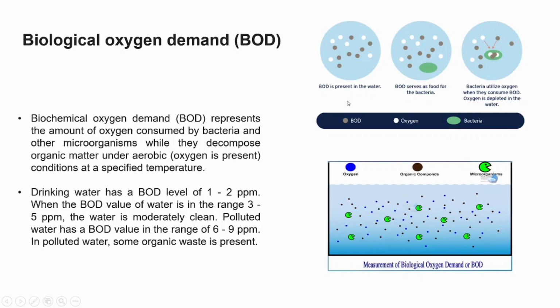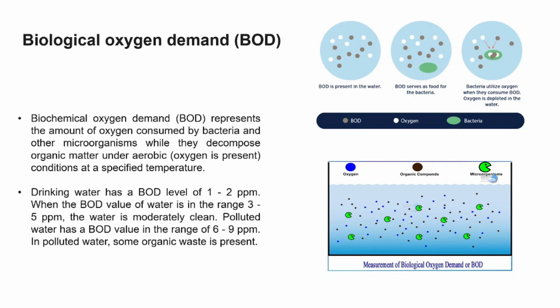So obviously if there's more BOD demand, biological oxygen demand in a particular water sample, that means most of the oxygen has already been consumed. That means the microbial load is very high. That is why drinking water, which we basically drink and get inside our system, has a BOD level of 1 to 2 ppm, which is very low, and that is why drinking water is comparatively pure.